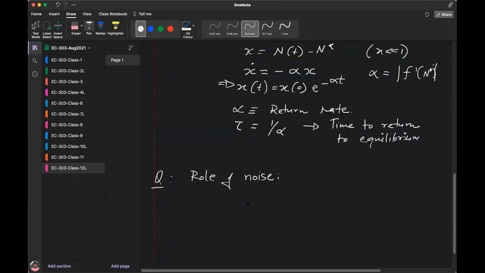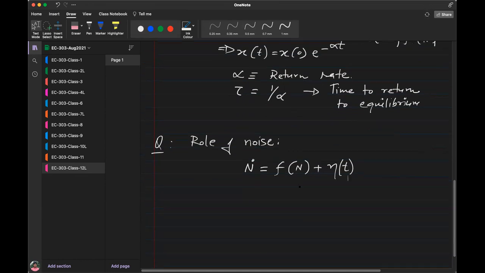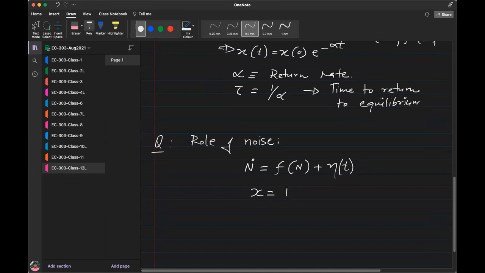Okay. And then going back to the population model, the model will now look like this: the additive noise model, where eta is as defined before, a Gaussian white noise. Okay, and then we do again the same Taylor series analysis, and what we then find is that x dot now follows minus alpha x plus eta of t.